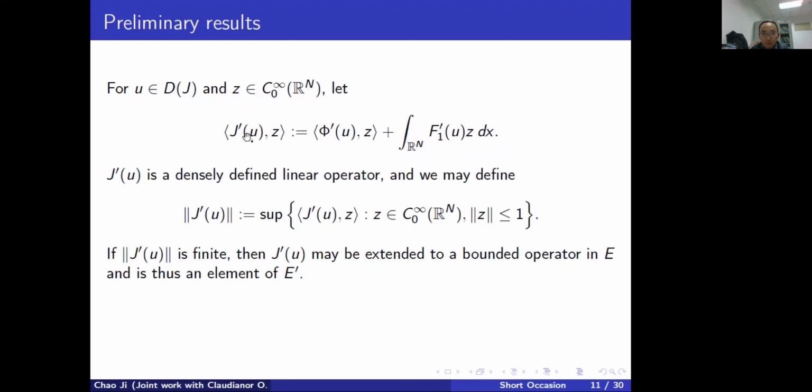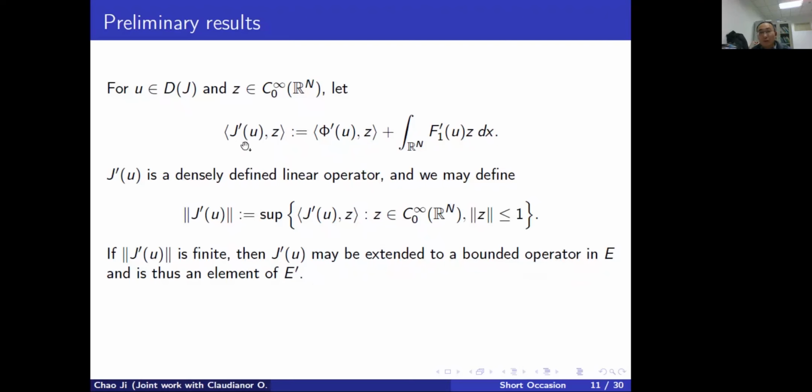So if G prime of u on z equals 0 for every z in this set, it must be extended to a bounded operator in E, which is 0 in E prime.